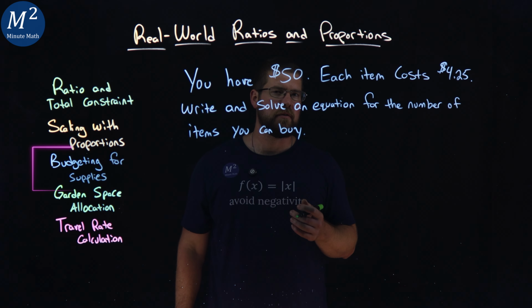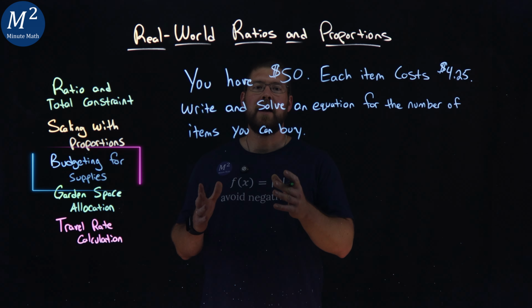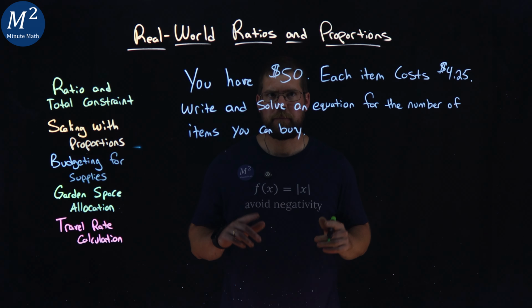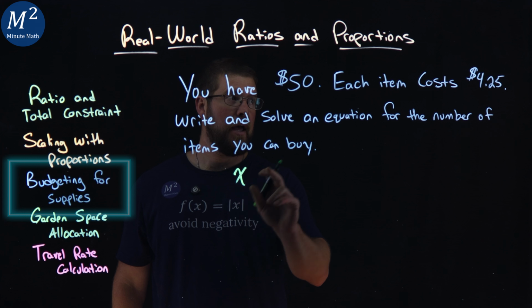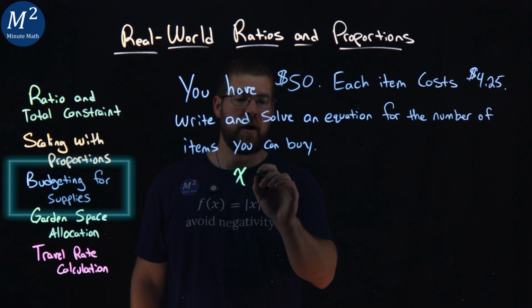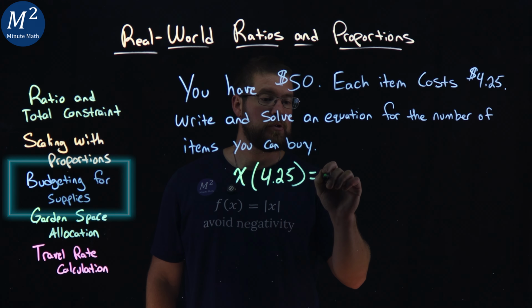You have $50. Each item costs $4.25. Write and solve an equation for the number of items you can buy. If x represents the number of items we're purchasing, and each one costs $4.25, we can multiply 4.25 by x and set that equal to 50.